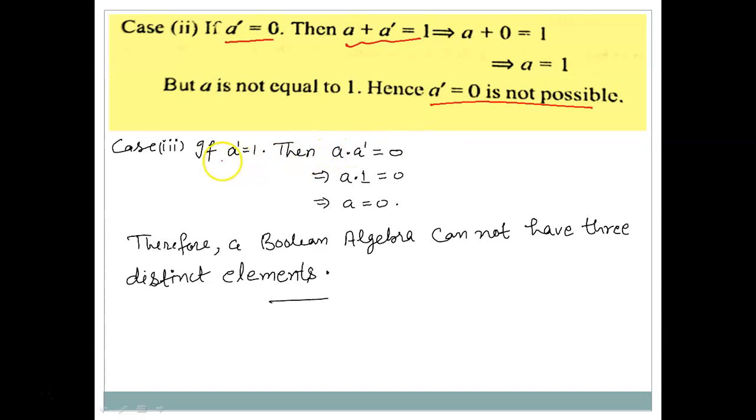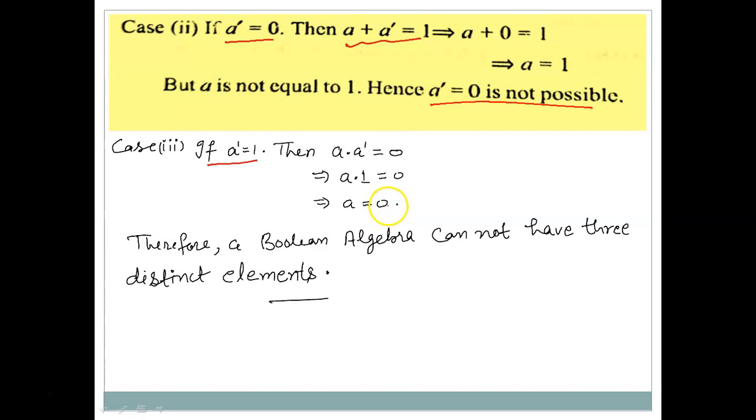Now we are assuming the third case, when a complement is equal to 1. Then by the complement law again, a dot a complement equals 0. That implies, because a complement is 1, a dot 1 is a, so a is equal to 0.